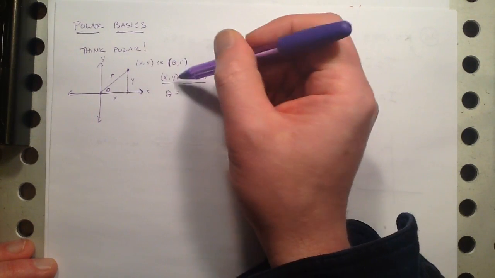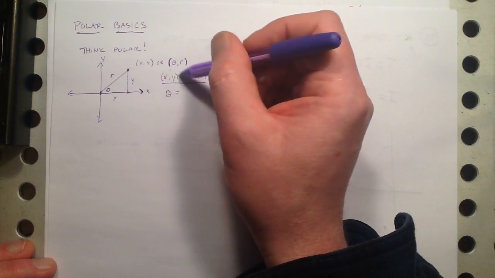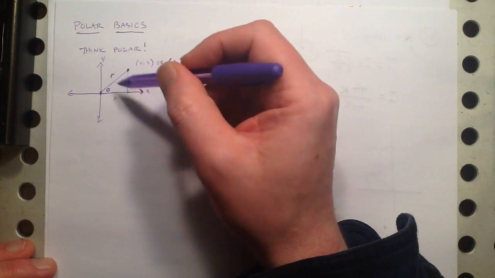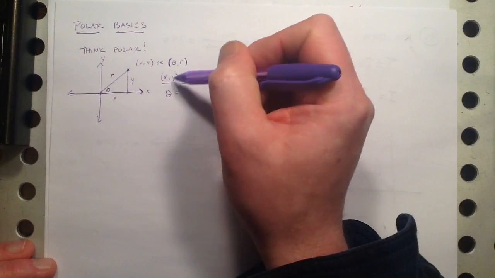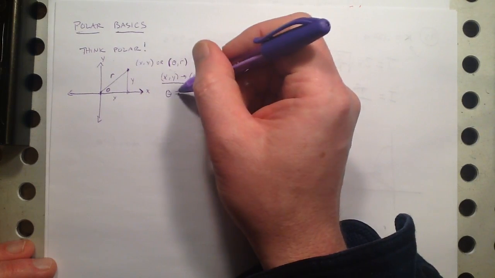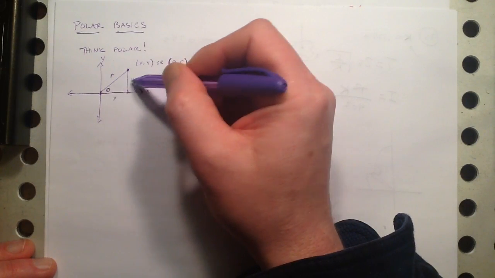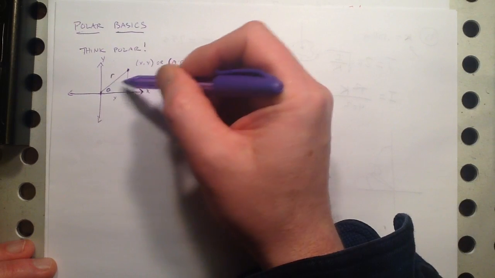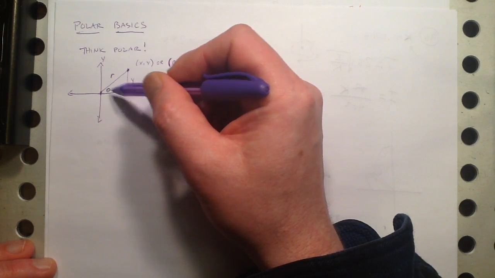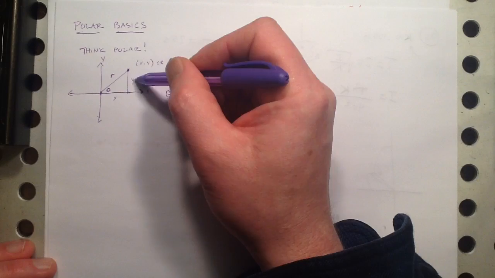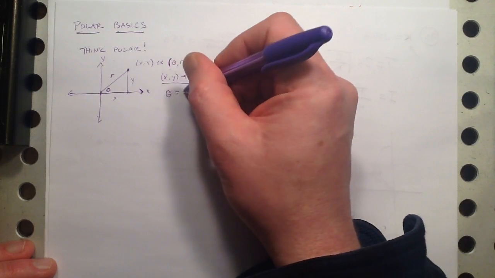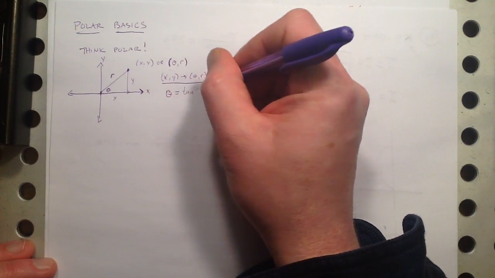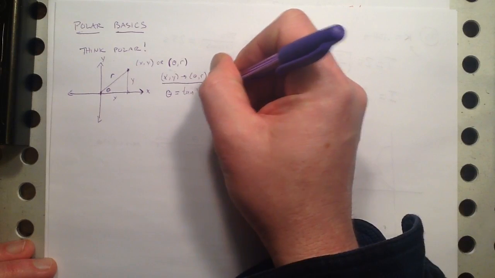In other words, you're given x, y and you want to know what theta is. So you can't use r, we don't know what r is. We know what x and y are. So theta in terms of x and y would be, well, tangent of theta is equal to opposite over adjacent. So tangent theta equals y over x, which means theta is the inverse tangent of y over x.